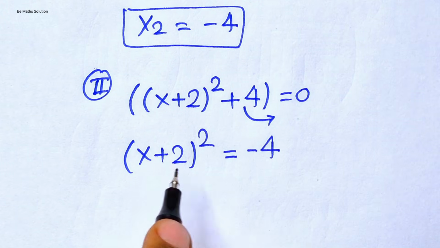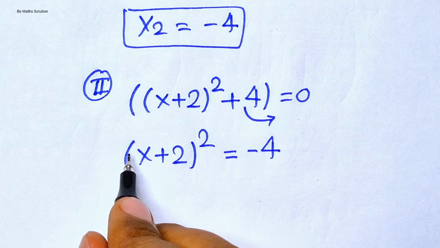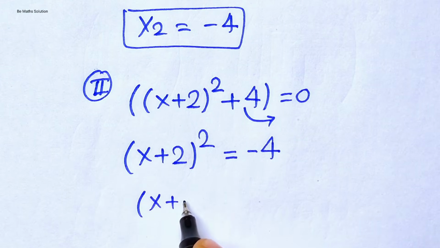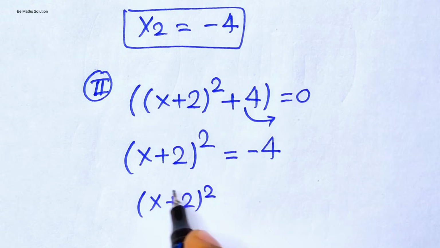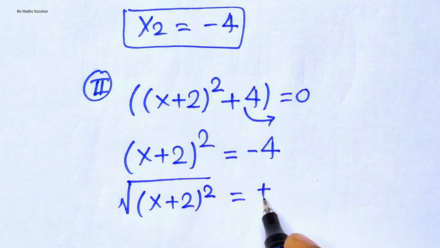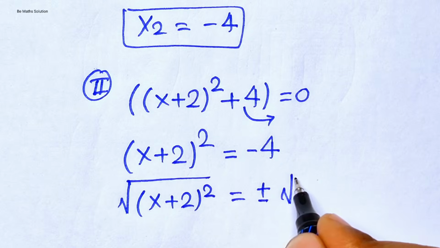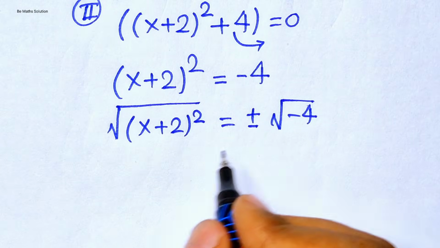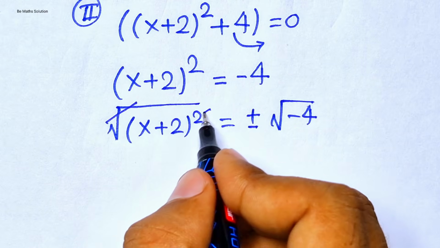So we apply the square root on both sides. So it will be the square root of (x + 2)^2 is equal to plus minus the square root of minus 4. Then here the square root and the square cancel.